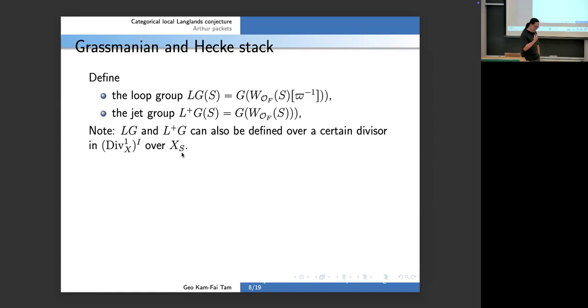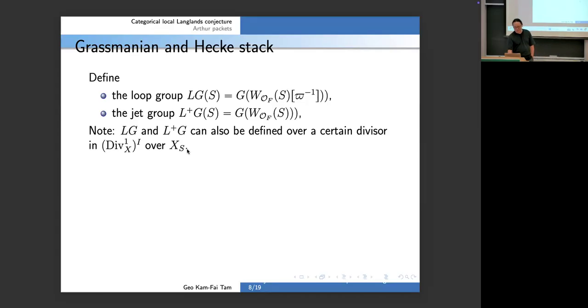This is like those people working in the global situation. Maybe I talk a little bit about this Fargues-Fontaine curve, because the idea of Fargues-Scholze is to mimic the global argument given by Laurent Lafforgue.